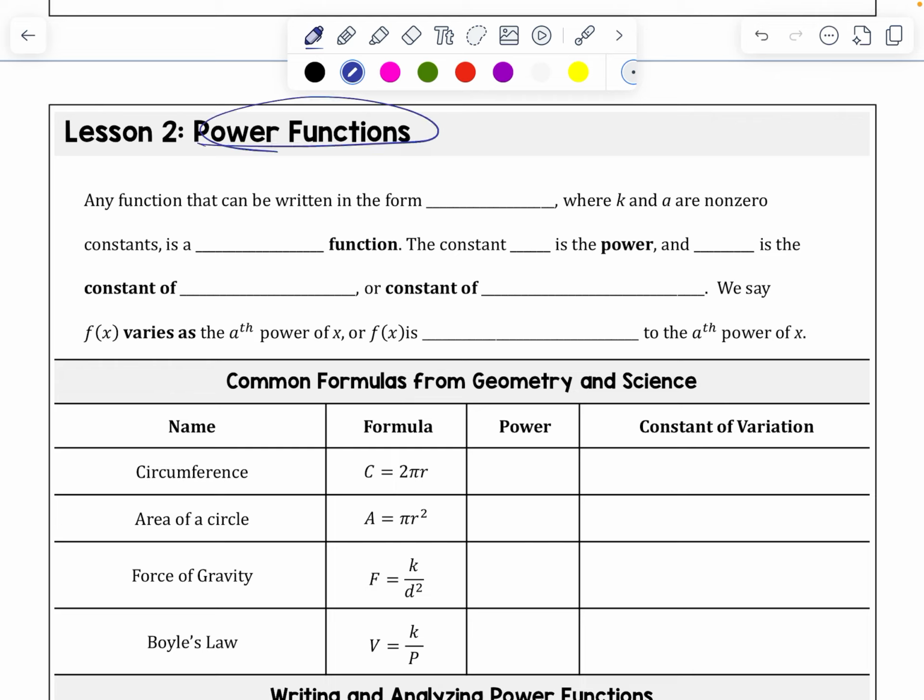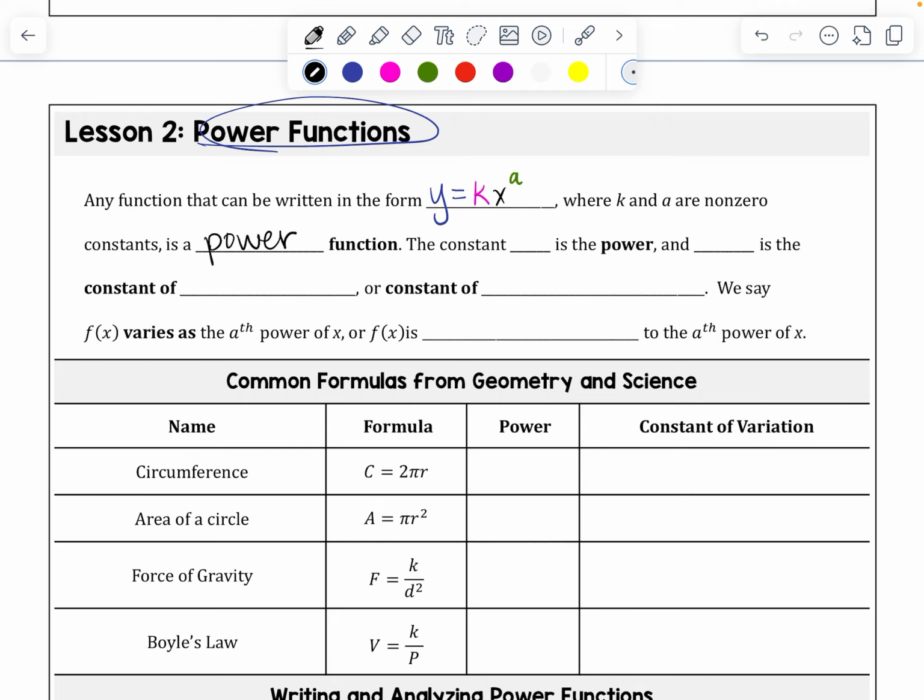Let's get into it. Any function that can be written in the form y equals some constant k times x to the a power, where k and a are non-zero constants, is a power function.